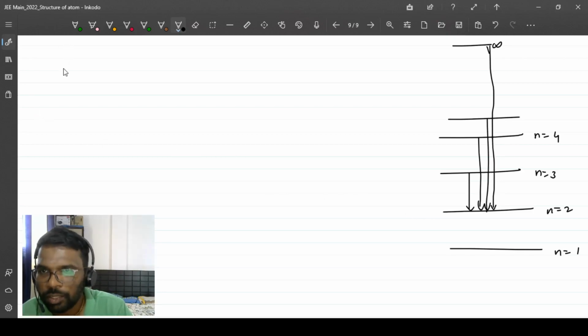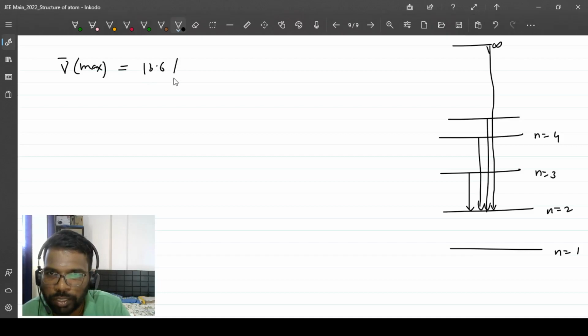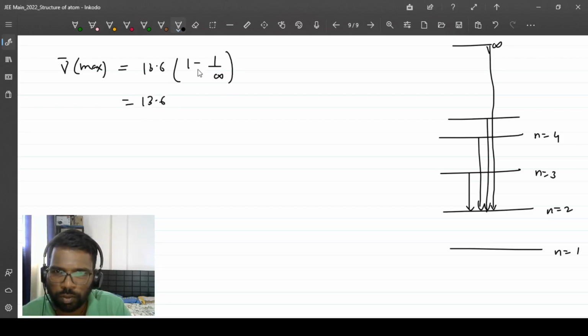So for the Balmer series, nu bar max could be written as 13.6 into 1 by 4 minus 1 by infinity, because n1 is 2, so 1 by 4.